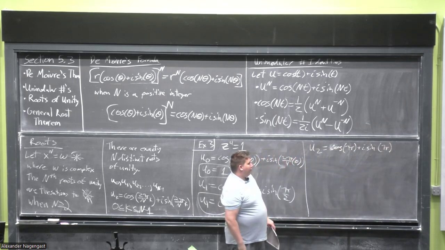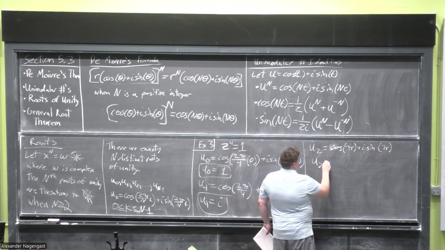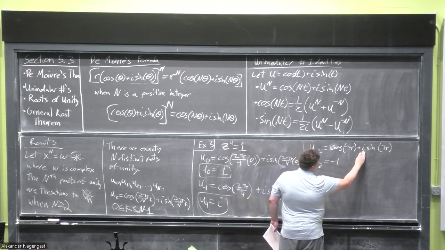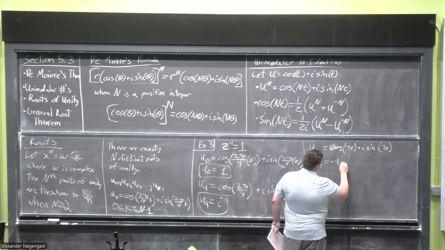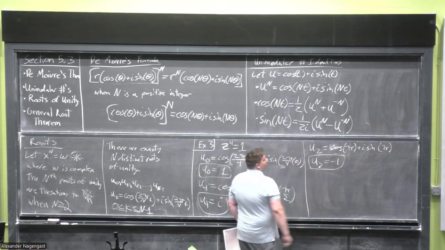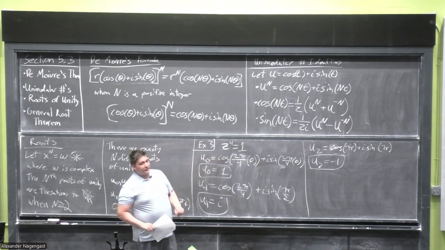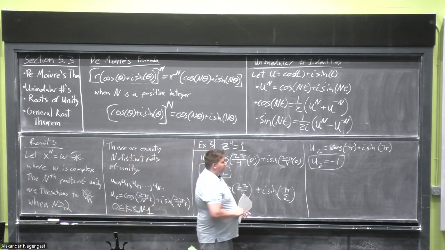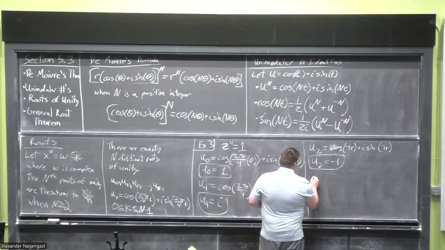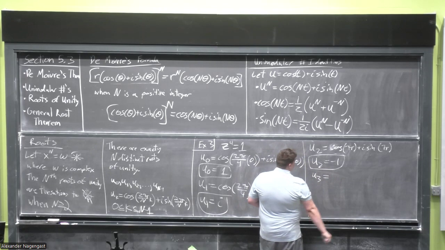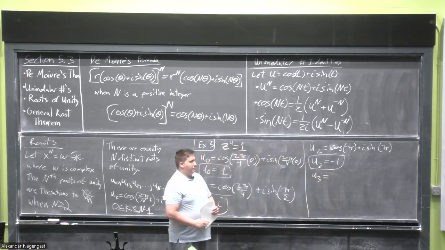Cosine of pi is -1. And I sine pi is 0, so we're left with u2 equals -1, which again we can plug in, and it makes sense intuitively. So now we have u cubed, and I think you could guess what this could be.